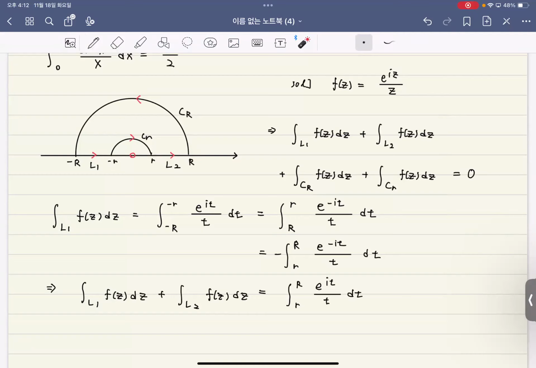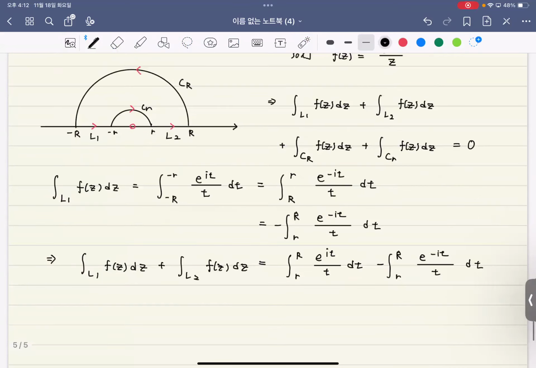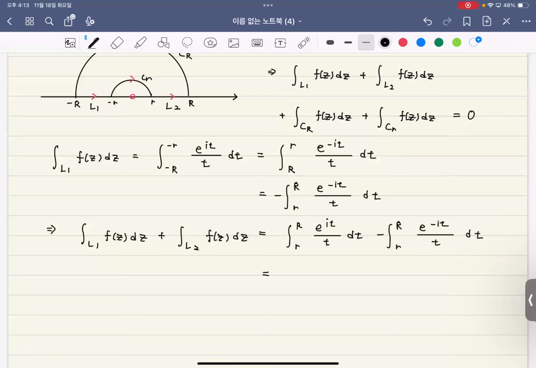And this one is known to be this. So this is r to R, e to the it minus e to the minus it, everything over t. Hold on.